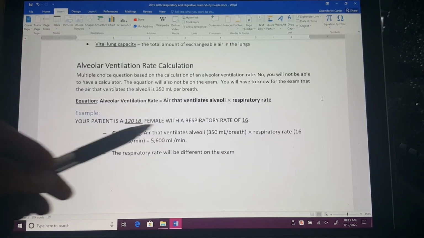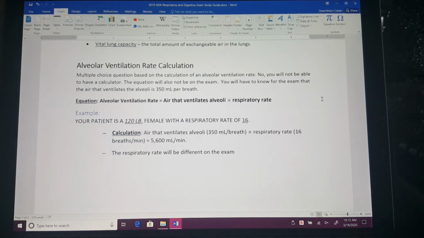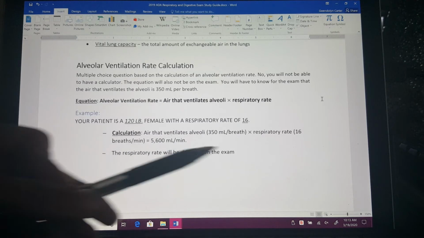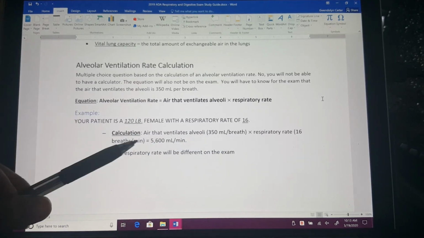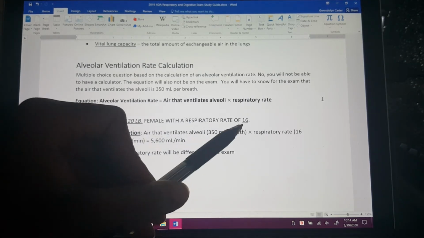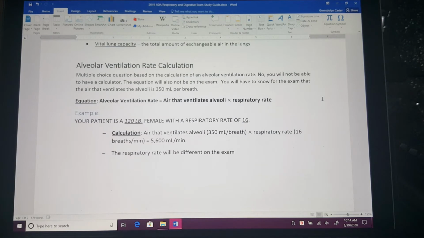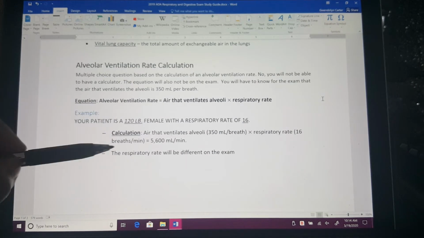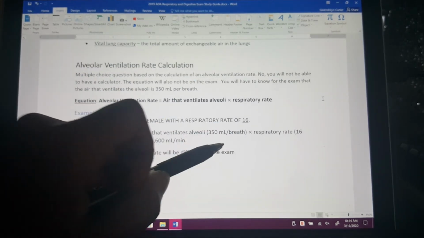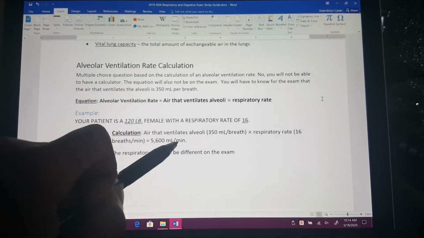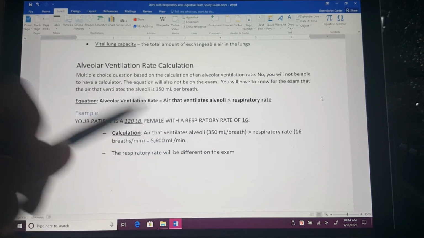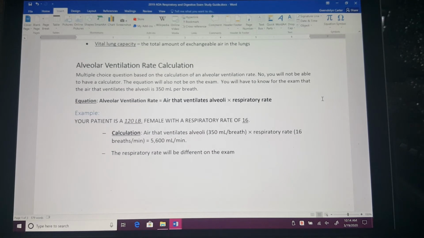But we're just going to use regular normal person, so we're just going to use the 350 milliliter estimation. So we take our 350 milliliters of breath, we multiply that by our respiratory rate of 16, which is also breaths per minute. So our breaths cancel out, and so we're just left with milliliters per minute as our final unit. And doing the math, we end up with 5,600.